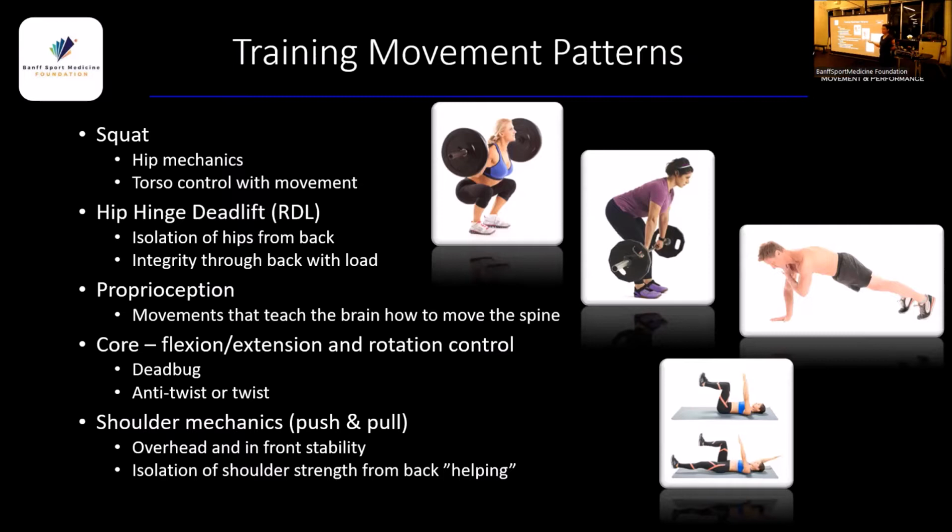And then core. So your core is obviously the piece that controls your flexion and extension and your rotation and all that stuff. My two favorite exercises that I use with just about everyone is a dead bug. Anyone done a dead bug in physio before? Yeah, very common one. We're going to talk about this one too.